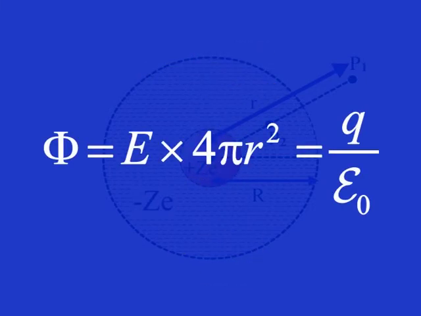According to Gauss theorem in electrostatics, for a Gaussian spherical surface of radius small r, electric flux is equal to E into surface area 4 pi r square, which is also equal to the ratio of enclosed charge Q and epsilon naught.